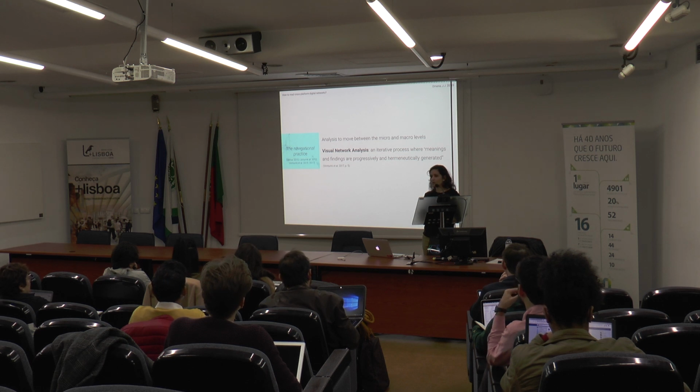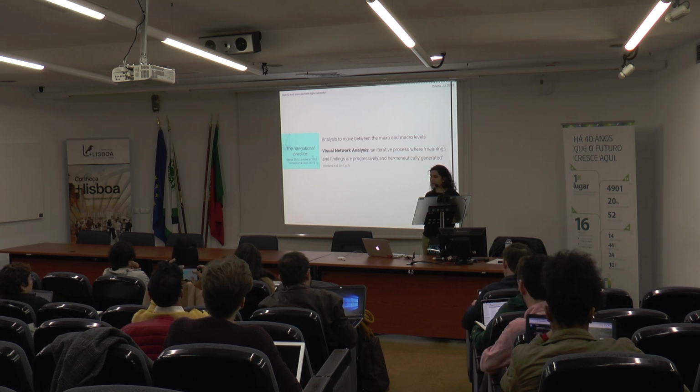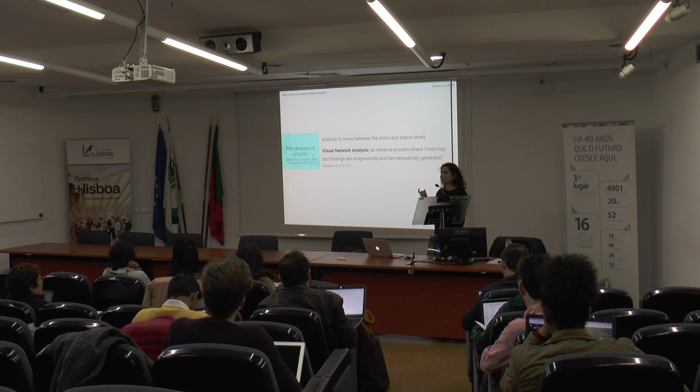And there is also a very particular technique, also known as visual network analysis, proposed by Tommaso Venturini and colleagues, that helps a lot in the way we read digital networks. Quoting, it is an interactive process where meanings and findings are progressively and hermeneutically generated. And as I mentioned before, visual network analysis pays special attention to node position, size, and color.